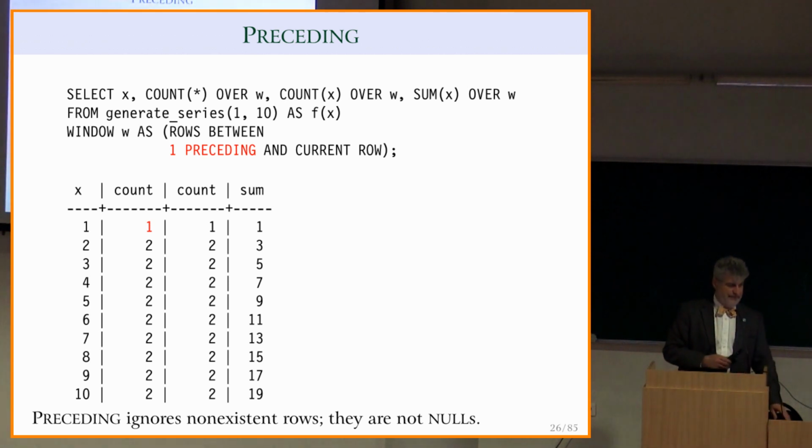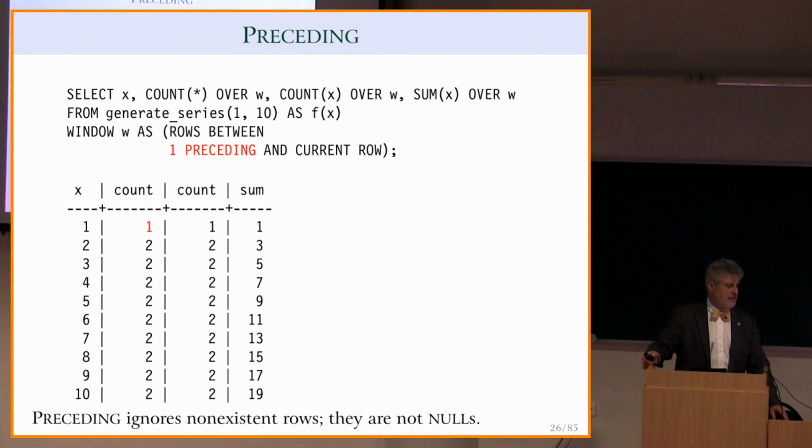This one's interesting. One preceding. What does that do? Well, when you use the word preceding, you're saying preceding relative to the literal current row. So what I'm doing here is I'm asking for count star, which counts nulls. I'm looking for count x, which doesn't count nulls. And I'm looking for a sum. And I'm doing it from the row before the current row to the current row.